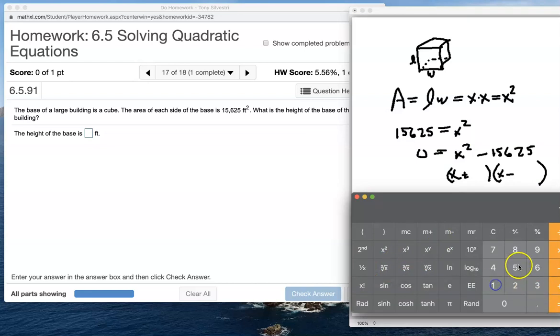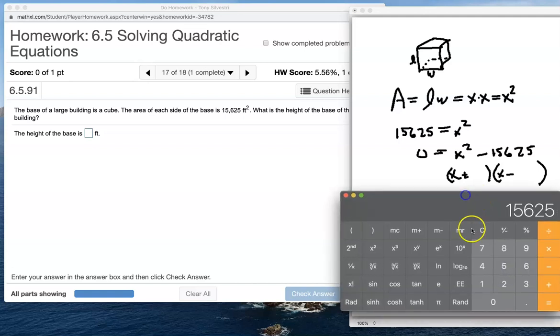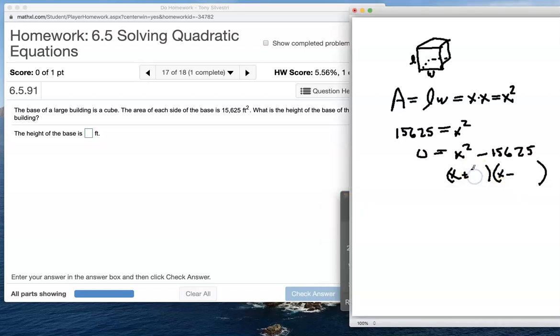I'm going to punch in 15625 and take the square root of that. What they're saying is that 125 times 125 is equal to that number. If I set those factors equal to 0, x is negative 125 or 125.